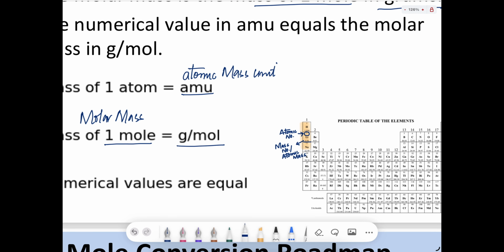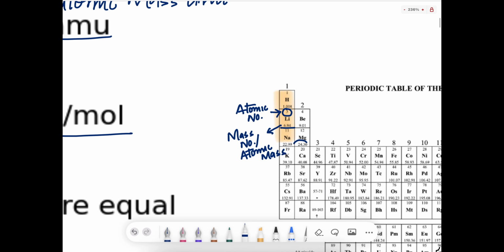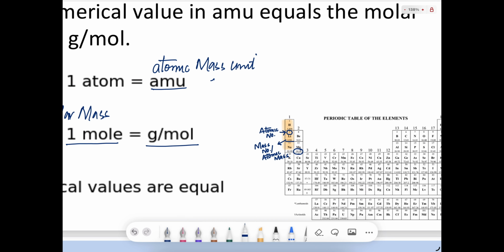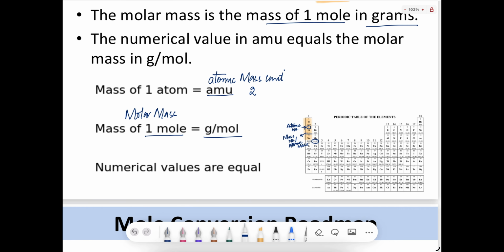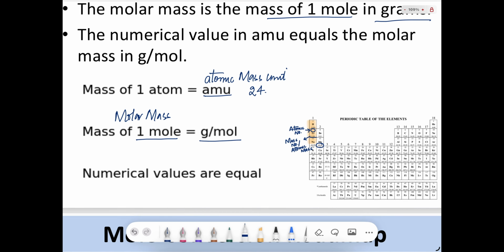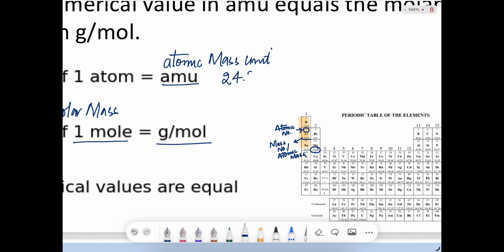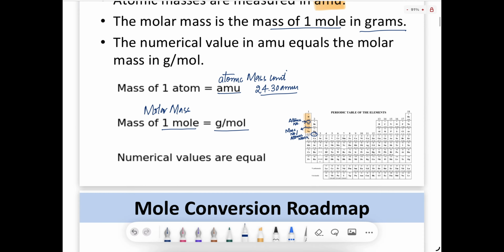Suppose I have got magnesium, the magnesium has mass of one atom as 24.30 AMU. And if I say mass of 1 mole of Mg, that's equal to 24.30, but now this time the unit is gram per mole. So you can see that they are numerically equal to each other.